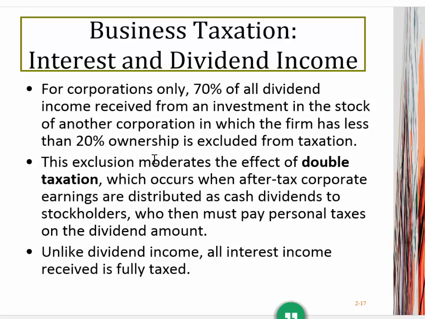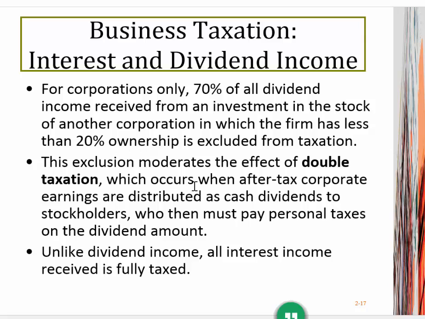Next, we want to talk about dividends. For corporations, and this is for corporations only, 70% of all dividend income received from the stock of another corporation, in which the company owns less than 20%, is excluded from taxation. So again, if you don't own more than 20% of a company and you receive dividends, you only pay taxes on 30% of the dividend income.